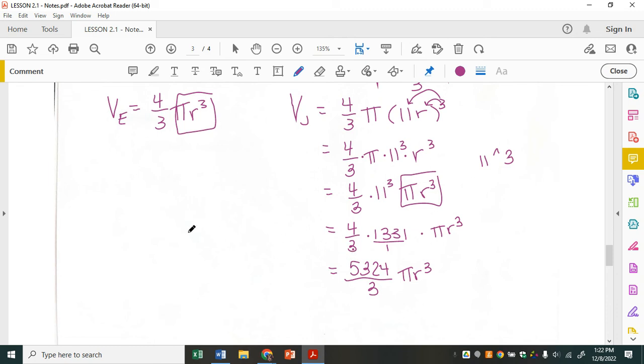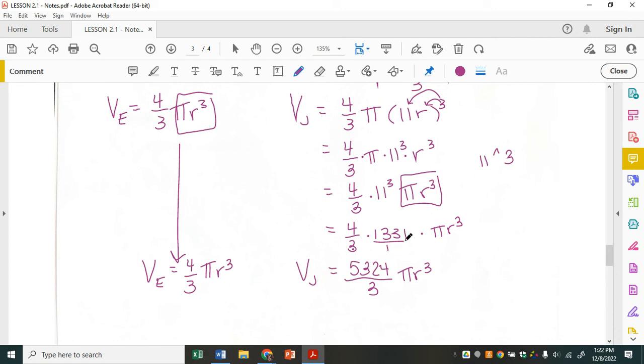Okay, so look at our final volumes. This was the volume of Earth. This was the volume of Jupiter. This one, this original one, didn't have to do anything because we're taking the radius as is.